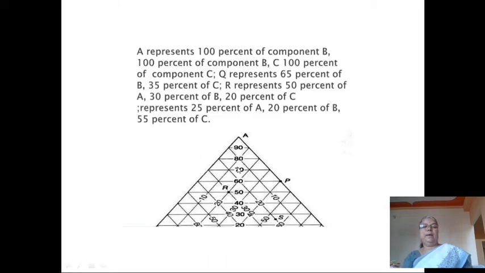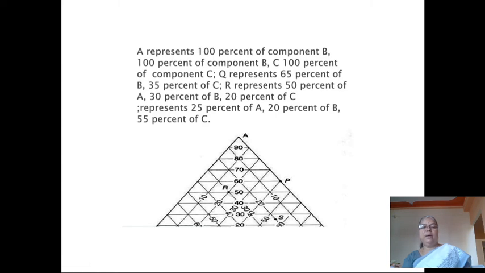Here A represents 100% of component A. B point represents 100% B, and C point represents 100% C. Here, this is an R point.